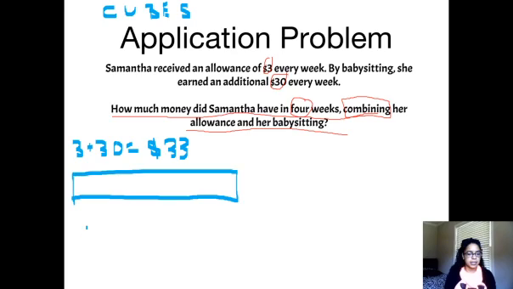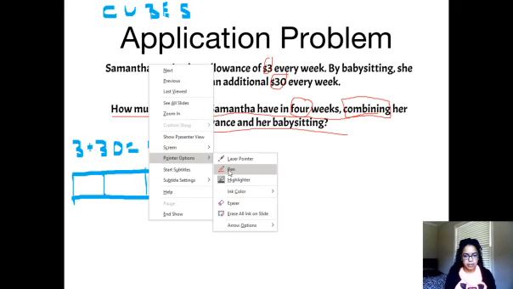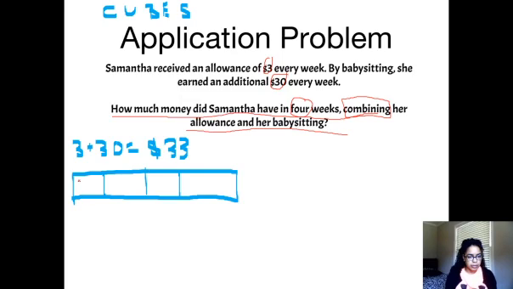And I'm going to switch back to the pen over here so I can have enough space after I do my lines. So that should be 4 boxes. Yep, 4. So switch back to my pen. Alright, so $33. And you know what? I'm not going to put a dollar sign each time. Okay, so we're done with that.